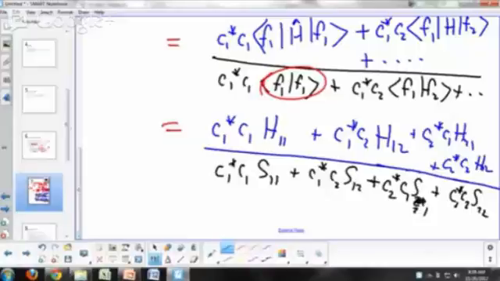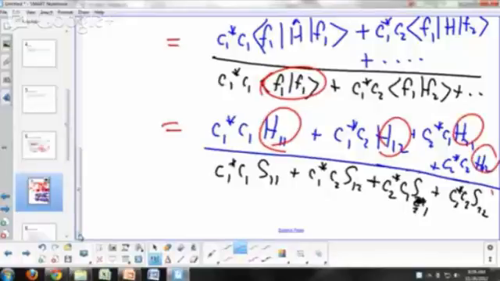Now, all of these H11, H12, H21, H22, S22, S21, S12, S11 are just integrals. So those are just numbers, right? So what you have here is that your W depends on C1 and C2.